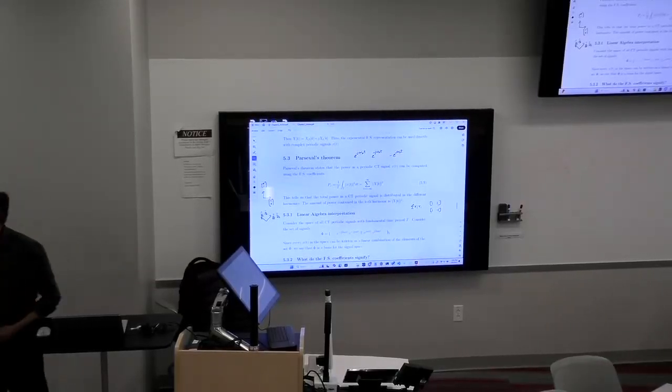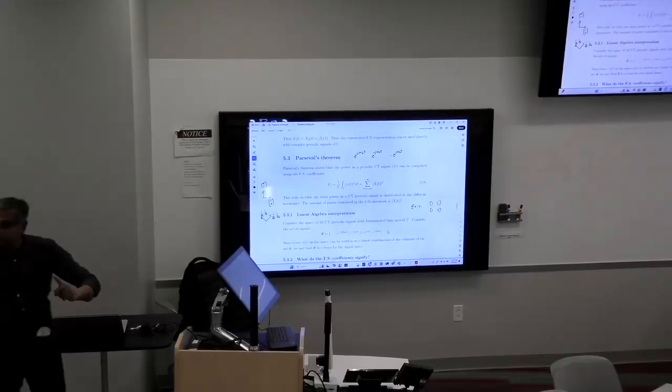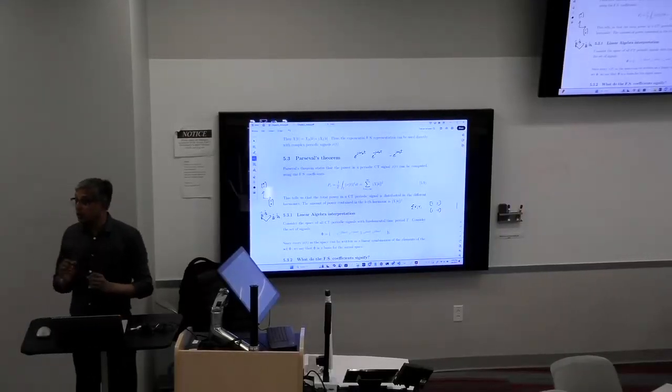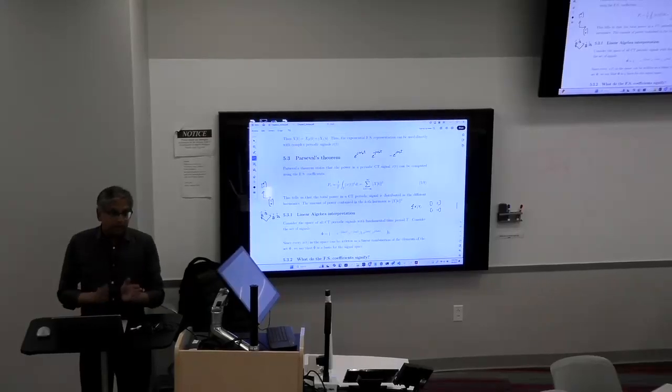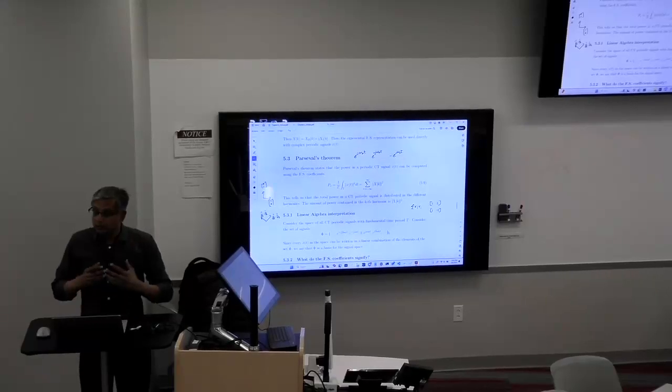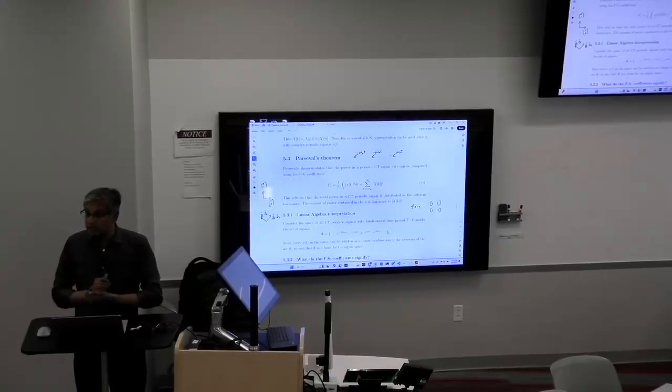And just like how these vectors were orthogonal to each other, it turns out all these signals are orthogonal to each other. So what do we mean by orthogonal? We know in vectors what it means for two vectors to be orthogonal: their dot product is 0. So we can define something which looks very much like a dot product but with signals instead of vectors.